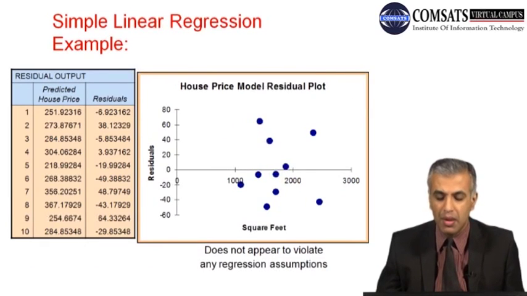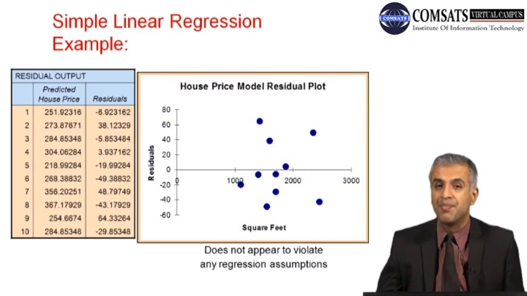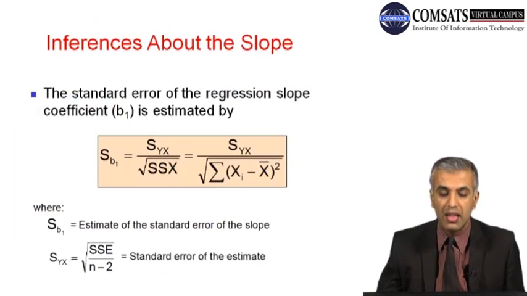We had an example of a practical problem and how these values were put on the same diagram, and it doesn't appear to violate any regression assumptions here. So we moved on to inference about the slope.